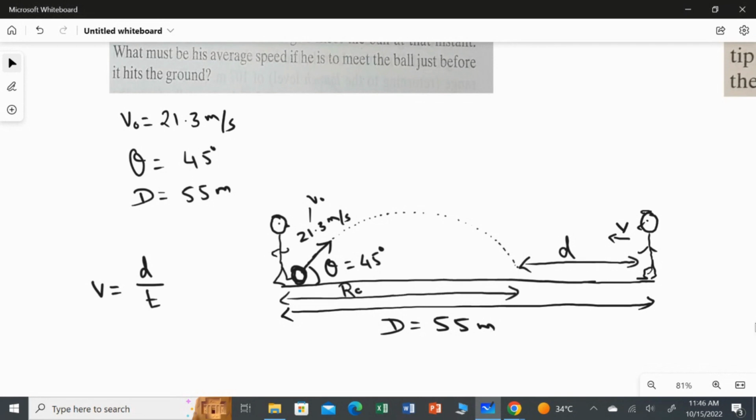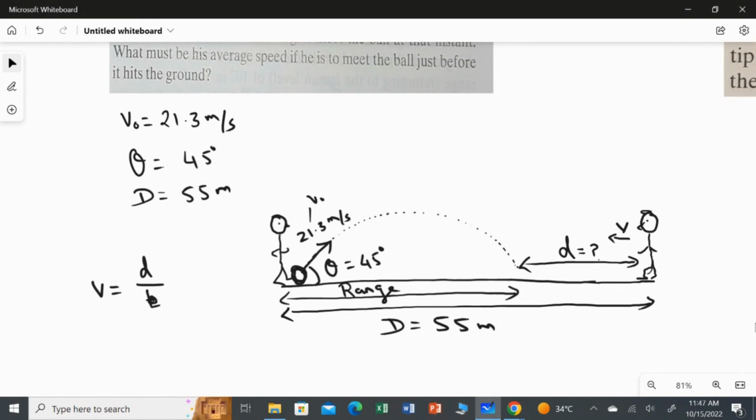Am I right? So once you identify the range, minus this distance capital D gives you the value of small d. And also we have to find the time of flight. This time of flight is exactly the same for this player to run and take this ball. So these two things we need.